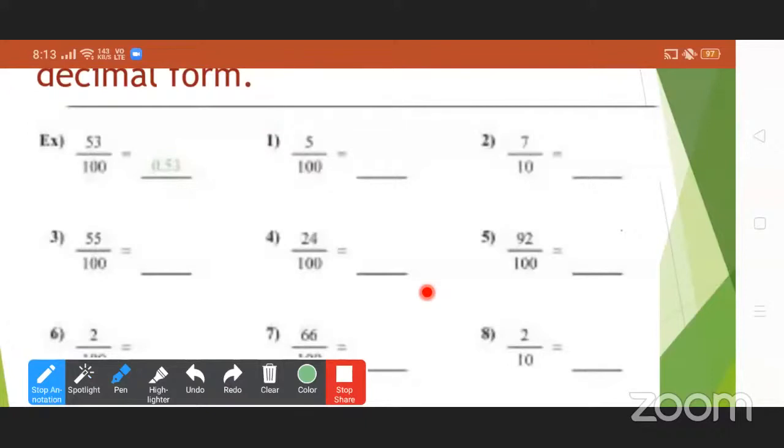Who will read this? 53 upon 100. Okay, now what is the decimal form of it? 0.53. Very good.